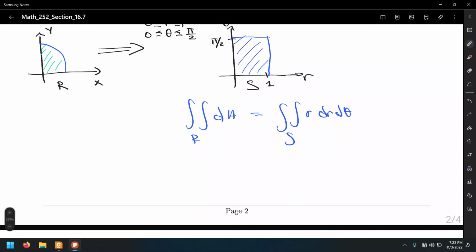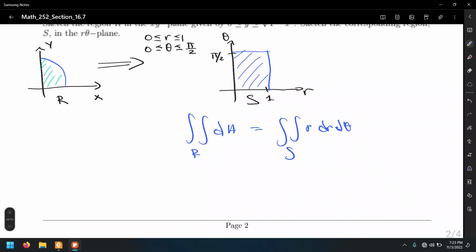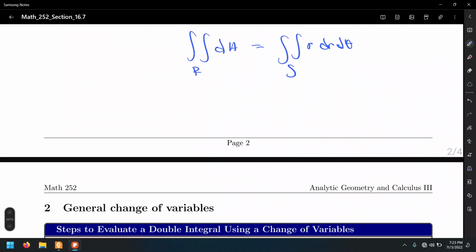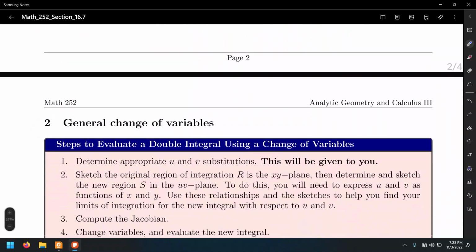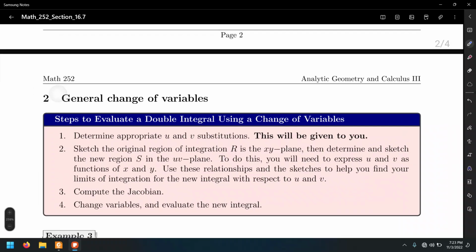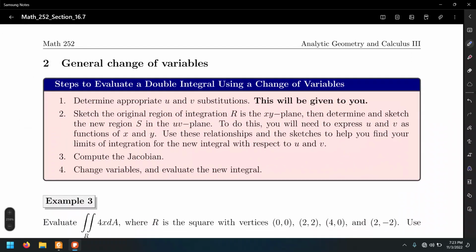All right. Well, so that's one example to connect what we did back in polar coordinates with this introduction to coming up with this new substitution. But let's generalize the process here. We have a sequence of steps right here. Since this is just a little intro about the substitutions, we're going to limit ourselves to double integrals, all right?